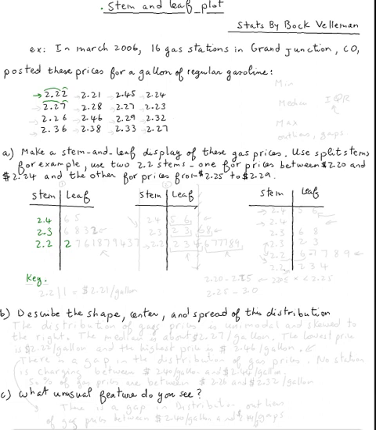The key is 2.21, which means 2.21 dollars per gallon. So 2.22 means we write 2.2 on the stem and 2 on the leaf. The next one is 2.27, we just put 7 here.